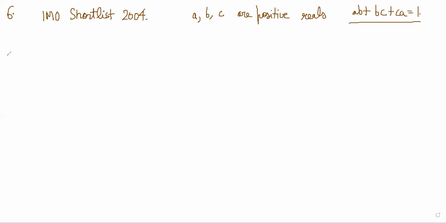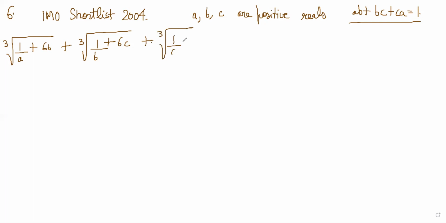You have to prove that the cube root of 1 by (a plus 6b) plus the cube root of 1 by (b plus 6c) plus the cube root of 1 by (c plus 6a) is less than or equal to 1 by abc, right?